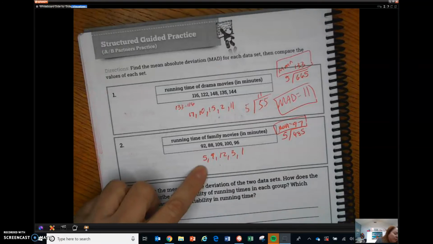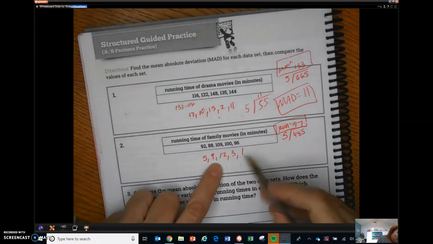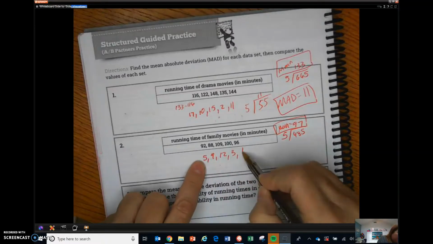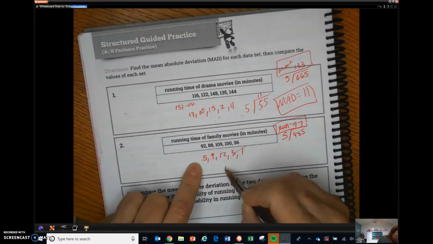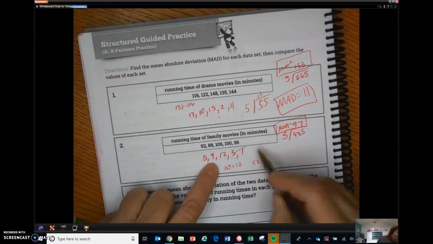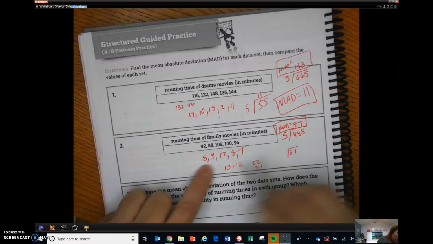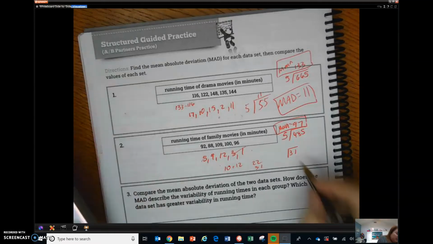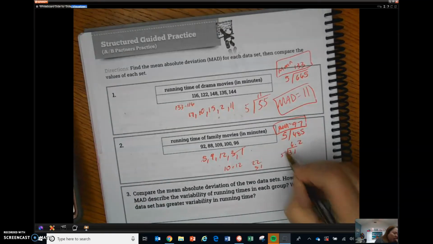Now I'm just going to find the mean for that one. So I'm going to count 5 plus 3 plus 1, that equals 10. And then plus 12 is 22, plus 9 is 31. Divide by 1, 2, 3, 4, 5. Hopefully this is right. 31 divided by 5 equals 6.2.